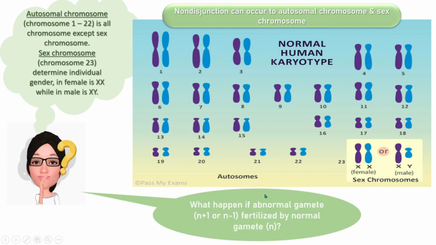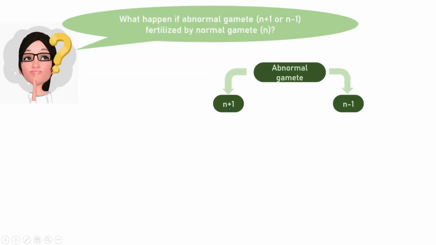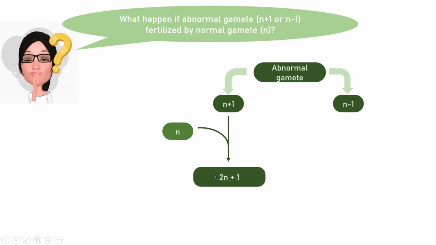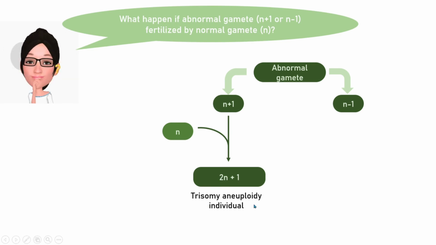What happens if an abnormal gamete n+1 or n-1 caused by non-disjunction is fertilized by a normal gamete? When abnormal gamete n+1 is fertilized by normal gamete n, it will produce a zygote with 2n+1, or a trisomy aneuploidy individual.